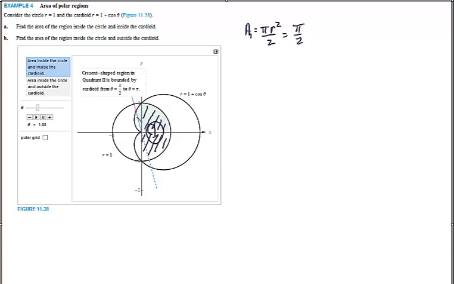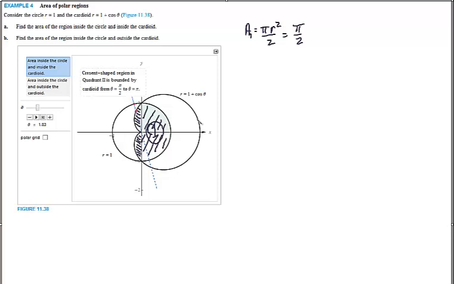Now the next area I'm going to concern myself with is these little shapes here, that one and this one. If I can just get one of them, then I can double it and I'll have the area of both of them. So I have these little crescent shaped regions, and they're in the second and third quadrants.